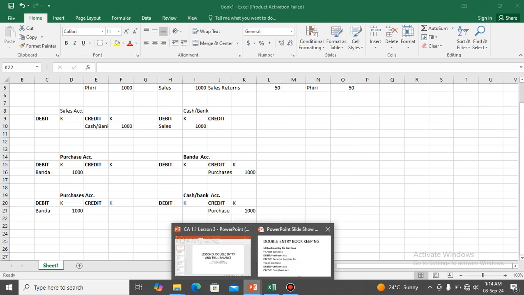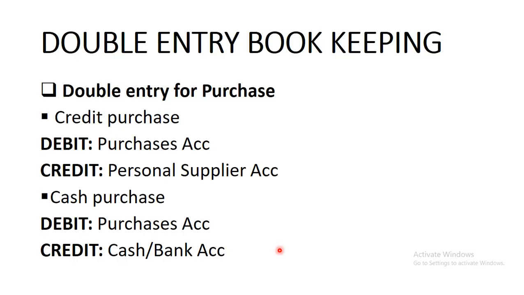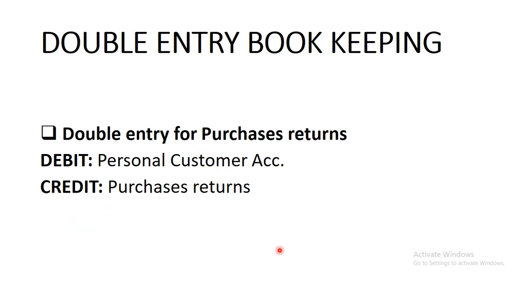Right. So let me go back to my Excel. Let me reiterate, so the double entry for purchases, remember, purchases, they're always debited. So you debit the purchases account, then you credit the personal supplier account. Why? If that's a credit purchase. Then for a cash purchase, you debit the purchases account, then you credit the cash or bank.